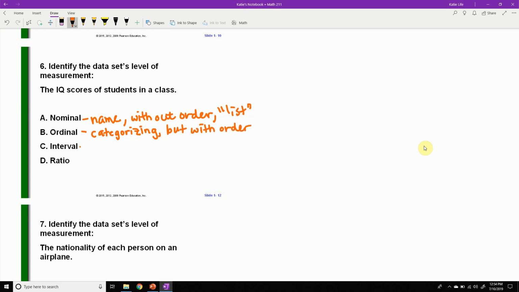At the interval level, differences between items have numerical meaning, meaning that we can actually do a subtraction problem and the difference between them has some kind of intrinsic value to us.